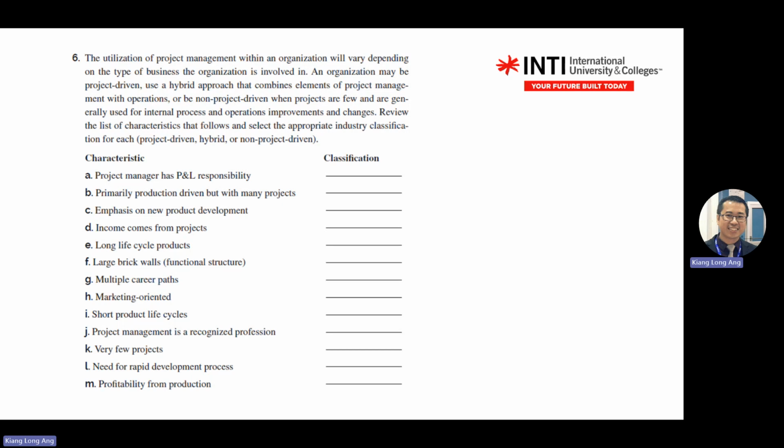What do you think? Is it project or non-project? You know, hybrid cannot be the answer already. Project manager has the P&L responsibilities. So what type of classification? Profit and loss. Means if the project loses, then the project manager will take the responsibility.